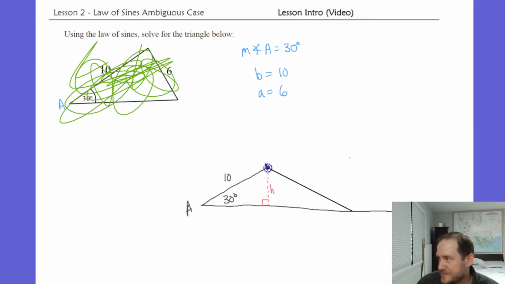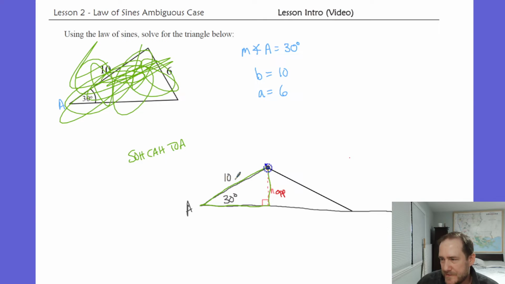So let's find H. You will hopefully notice that H is actually the side of a right triangle. So we're back to being able to use SOHCAHTOA. Looking at this from 30, H will always be opposite from 30.